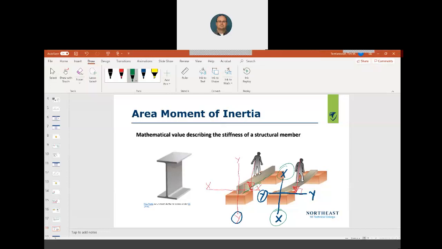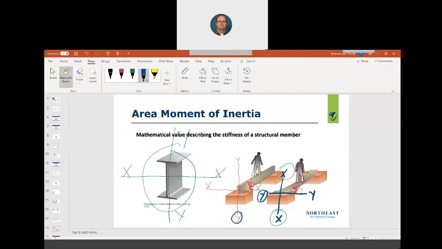When you look at a steel shape right here, XX, YY, which way do you think is stiffer?